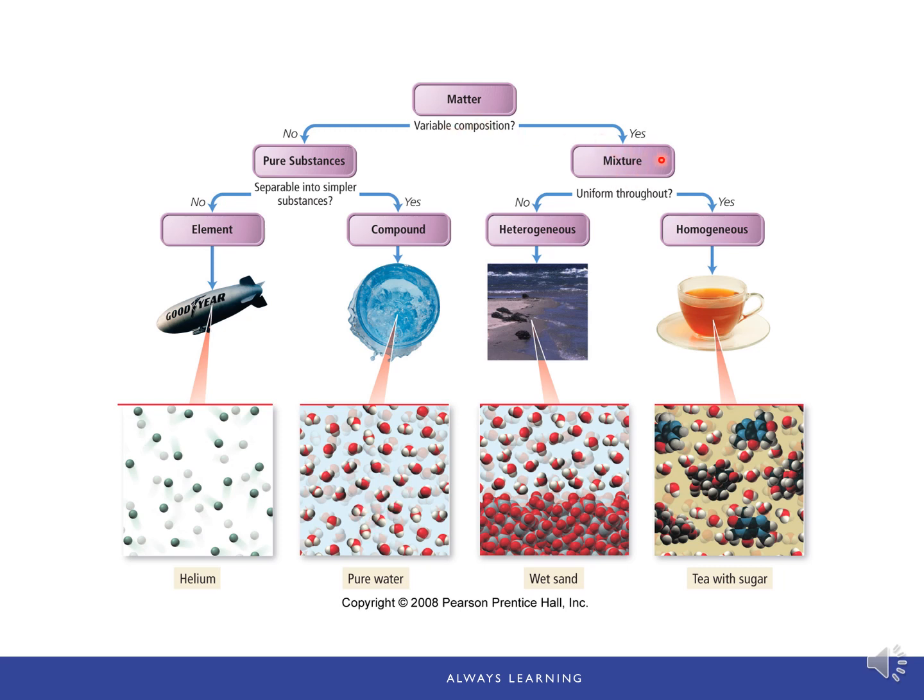And for mixtures, we have homogeneous and heterogeneous mixtures, depending on whether the mixture is uniformly distributed throughout. For homogeneous, for example, a cup of tea with sugar dissolved in it has a uniform structure throughout, but wet sand, a mixture of water and sand, is not uniform throughout, so it's heterogeneous.